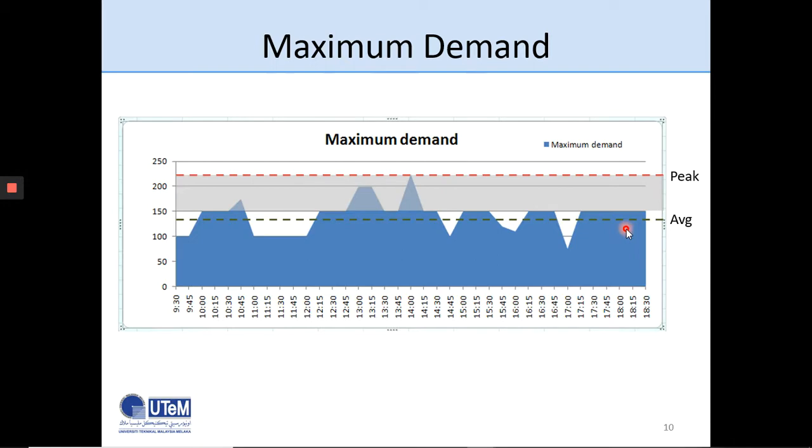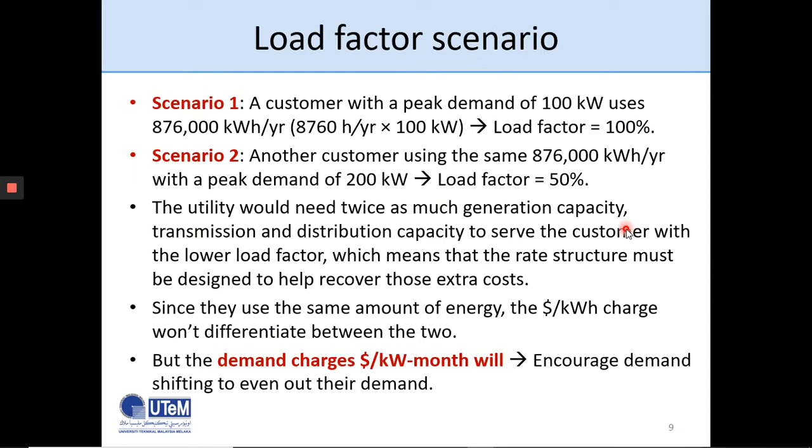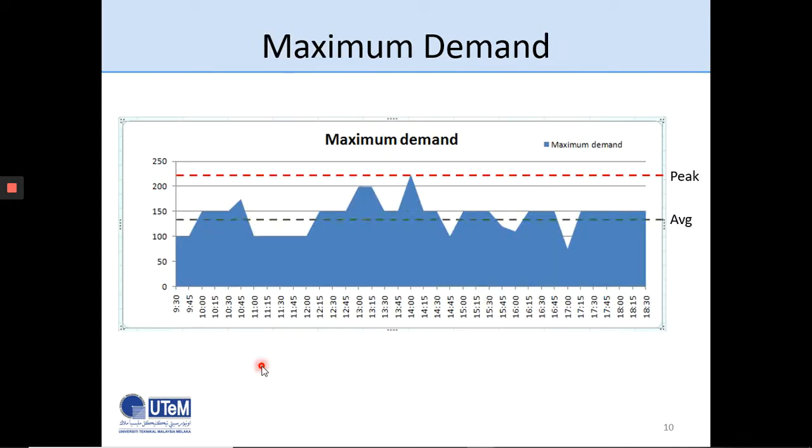So when we talk about the previous slide, we see the term demand shifting. Demand shifting is basically TNB wanting to encourage the user to shift this time. Instead of using power at this time, if possible, they want the user to shift the usage to the time when they have low power usage.